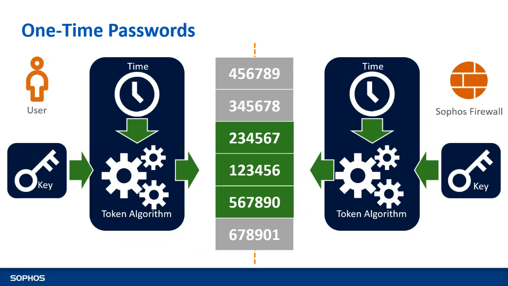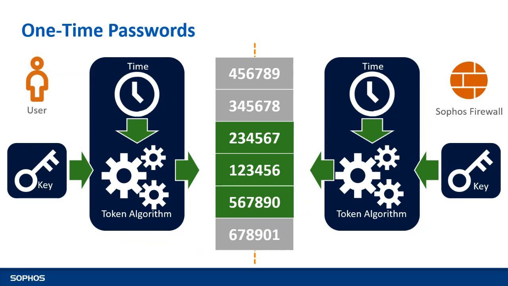These are processed using the algorithm to produce the token code. The Sophos firewall needs to have the same key and be synchronized to the same clock so that when it calculates the token code, it comes out with the same number.